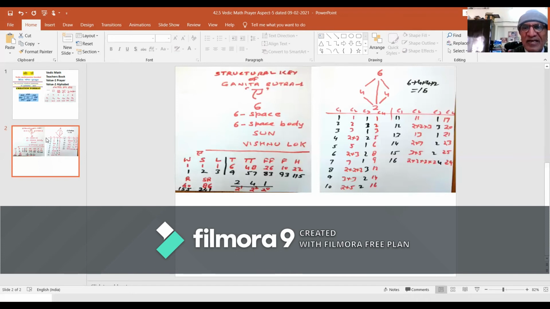See, it takes us to parallel with the total range 16 sutras and also parallel to the 16 letters of the text of Ganita, Sutra-1.